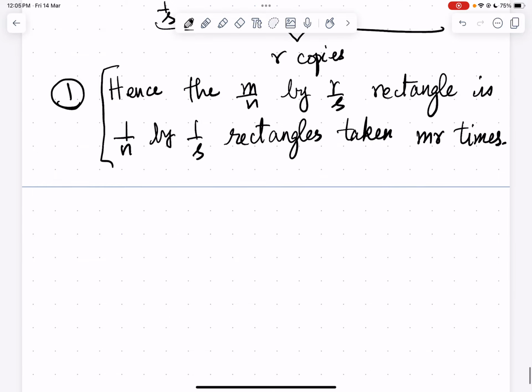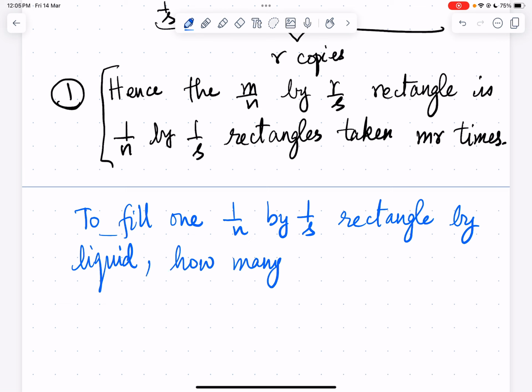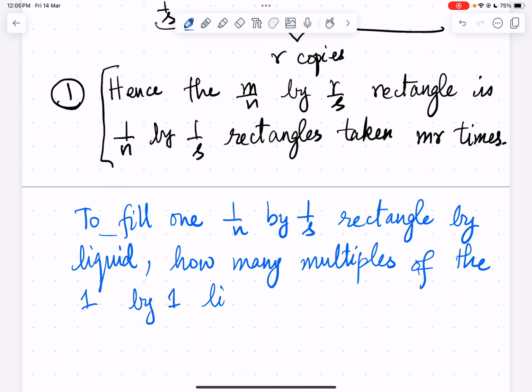Okay. Now we can ask, to fill a 1 by n by 1 by s rectangle with liquid, how many multiples of the 1 by 1 liquid should we take?